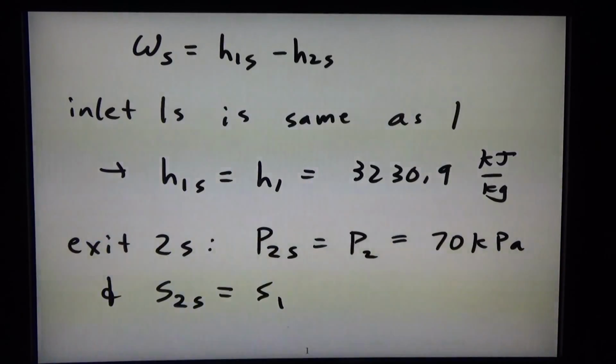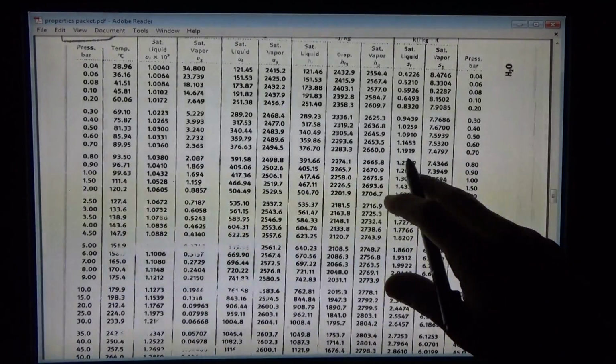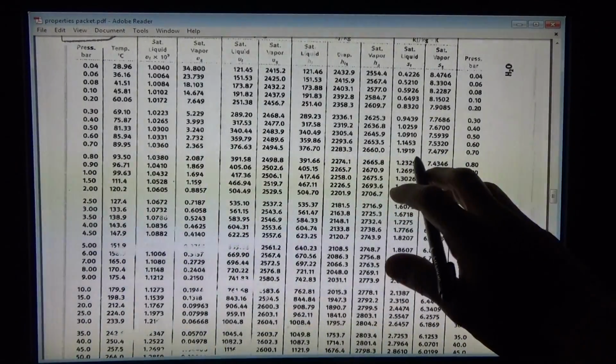We have P2S and S2S, and we're trying to determine the phase. So we would need to compare our S value to S sub F and S sub G. So let's look up S sub F at P2S and S sub G at P2S. S sub F at 0.7 bar is 1.1919.